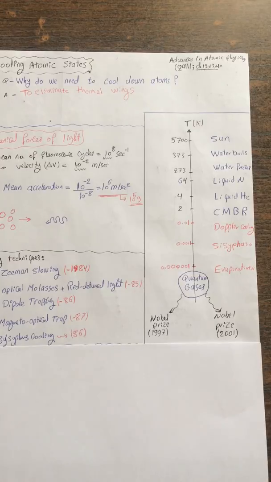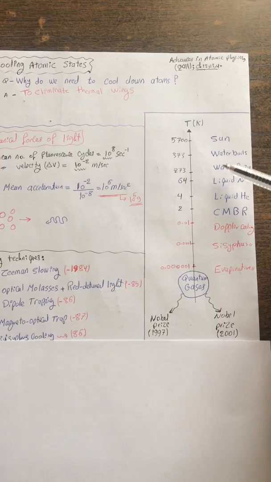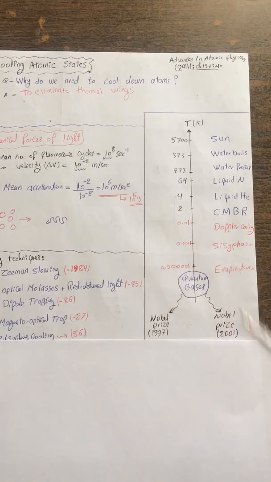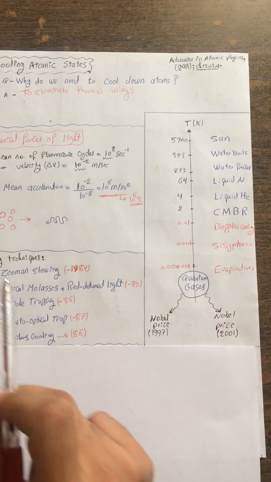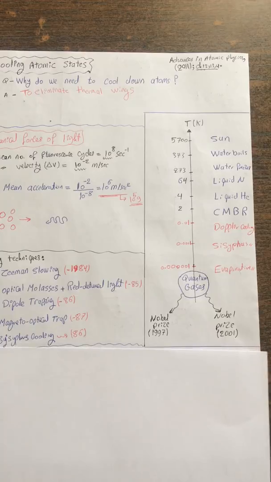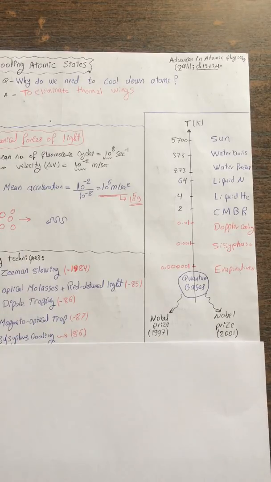Water boils at 373, and you see liquid nitrogen, liquid helium even, and the coldest background of the universe, about 2 Kelvin, the cosmic microwave background radiation. Doppler cooling exploits the Doppler shift of the atoms by the laser. The scheme is like this.